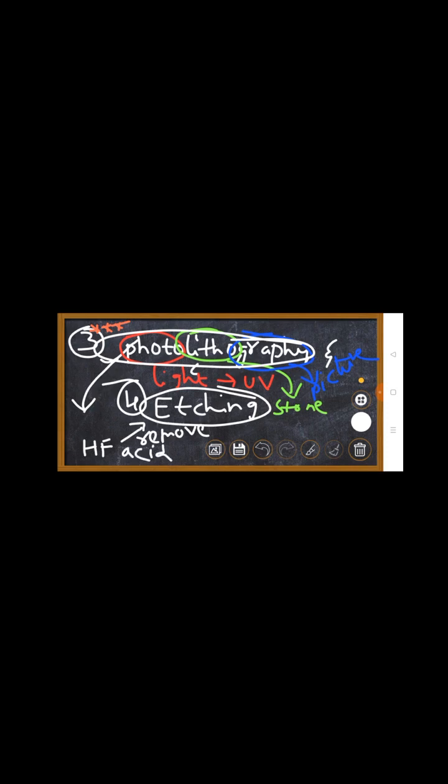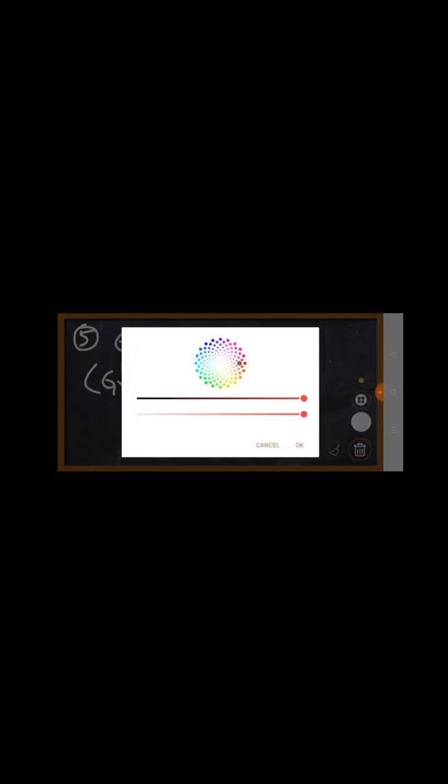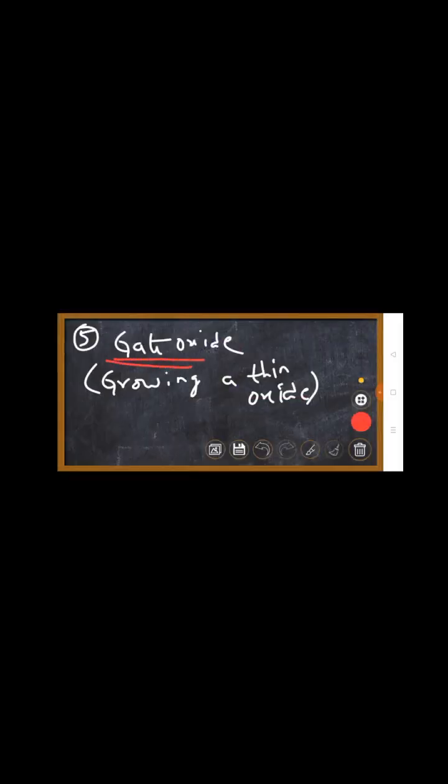Now coming to the fifth step after etching. The fifth step is gate oxide. Somebody will also call this growing a thin oxide. This is very important to form the gate terminal. Therefore we are going to grow a thin oxide, comparatively.